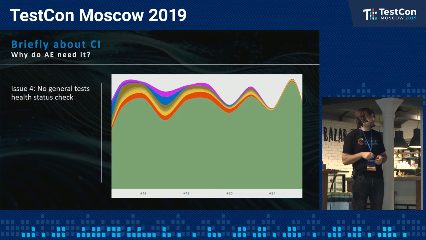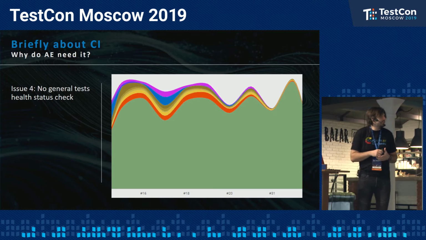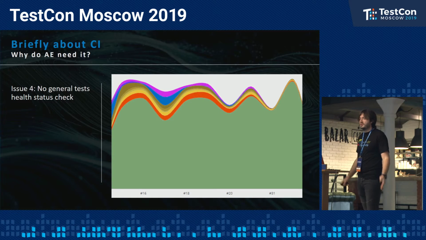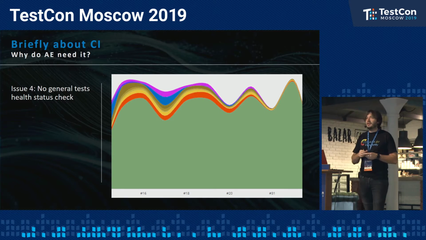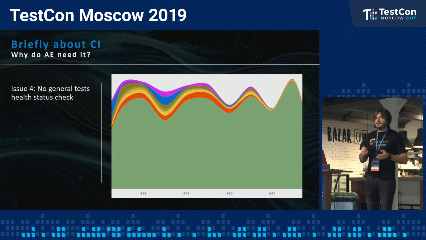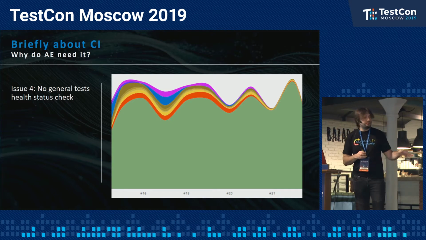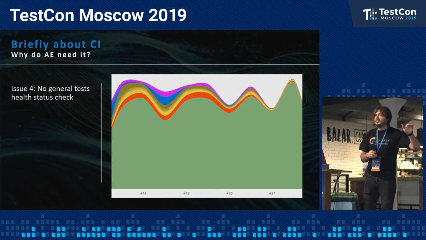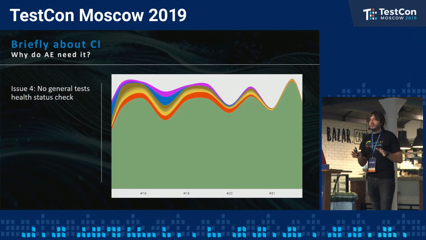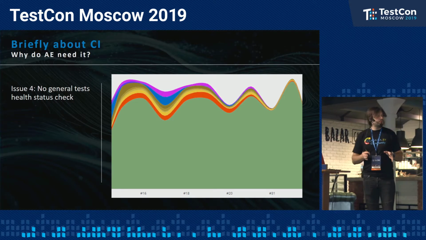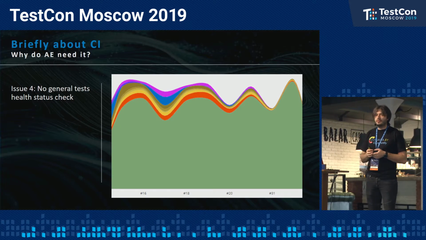Why so many tests here, so few tests here, why different number of tests, different number of issues. It's a typical situation if you run your tests once a week, because you never can tell what is going to happen in 2 or 3 days. So we need continuous integration.